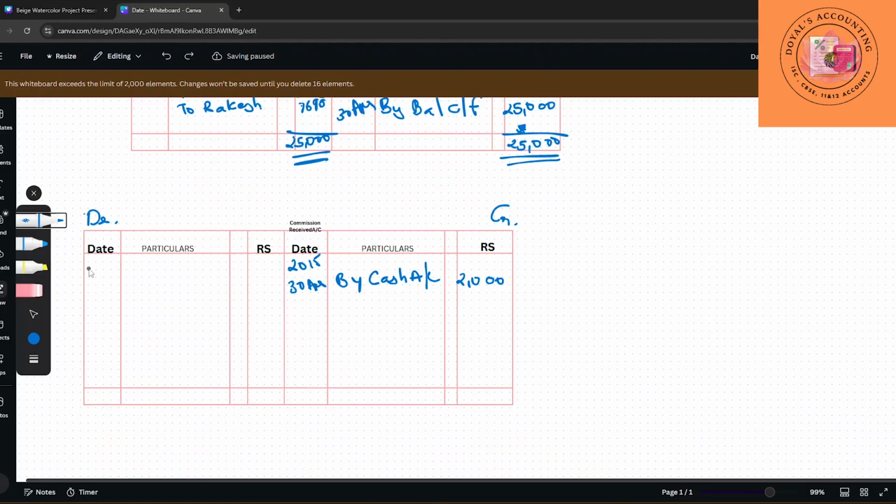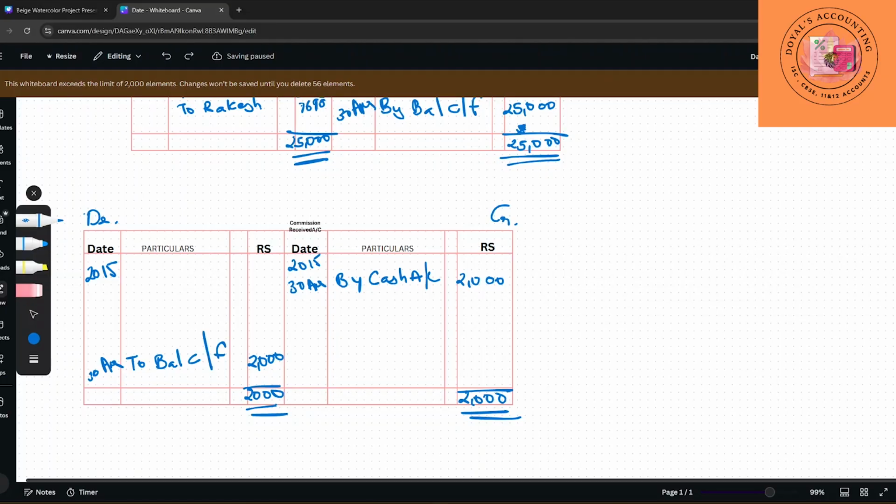Similarly, for commission received, 2015, 30 April. To balance carried forward rupees 2,000. Totals will be 2,000. The double line indicates closure of the account.